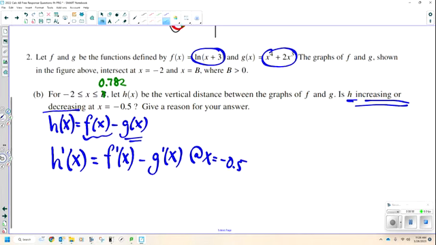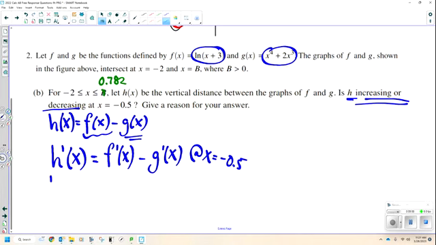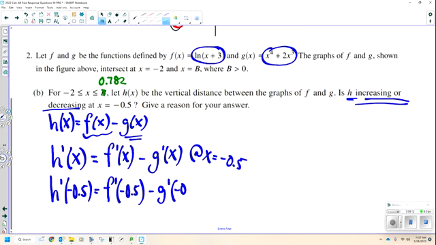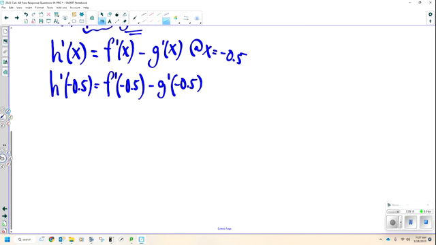So basically, all I'm doing is plugging -0.5 into my derivative here, which means I take the derivative of f at -0.5 and subtract the derivative of g at -0.5. Use your calculator to find these derivatives.